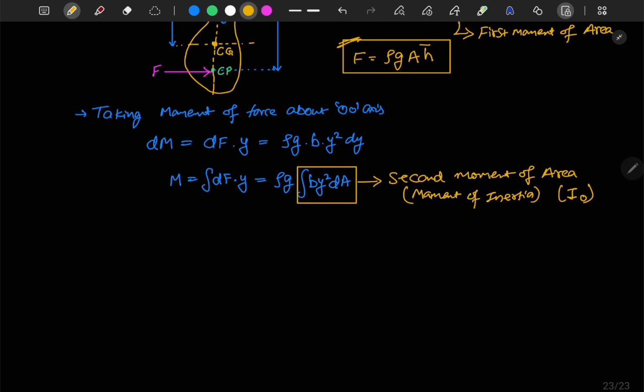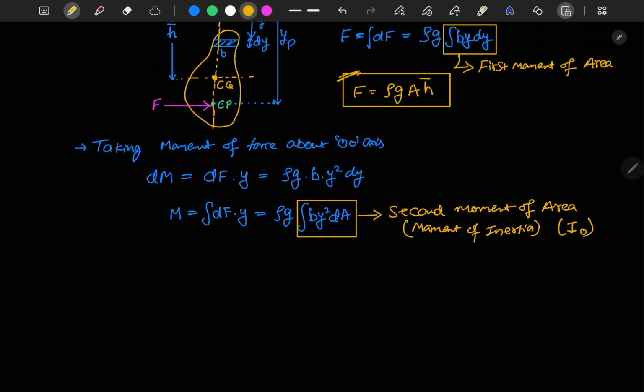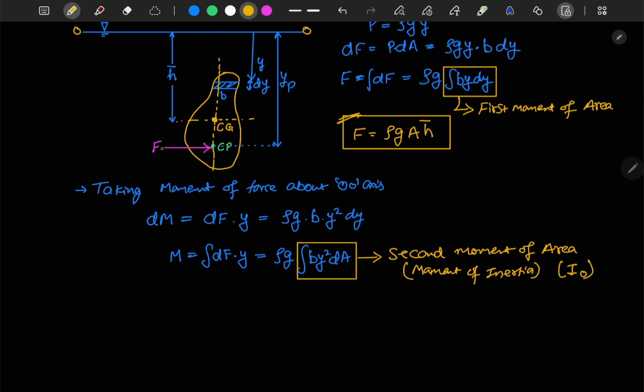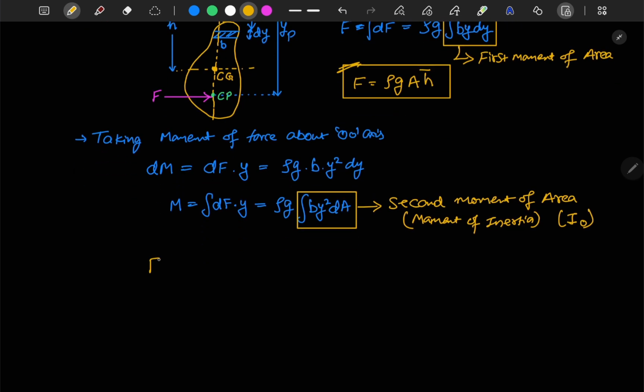Okay, so the total moment I can also calculate by multiplying this F with Yp. Okay, this is your total hydrostatic force that is acting on the body at a distance of Yp. Okay, so F into Yp is equal to rho g times I naught.